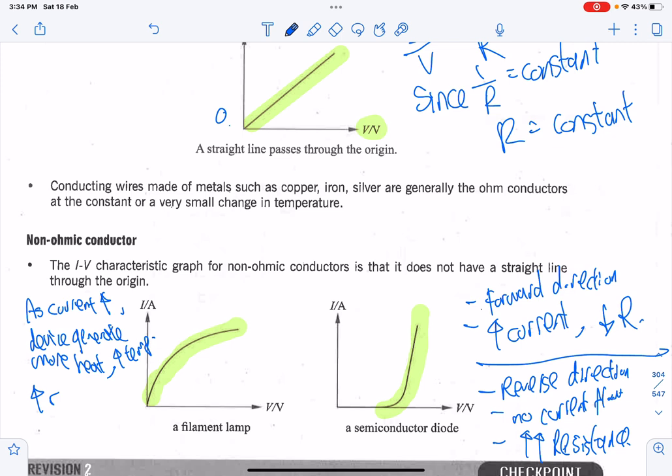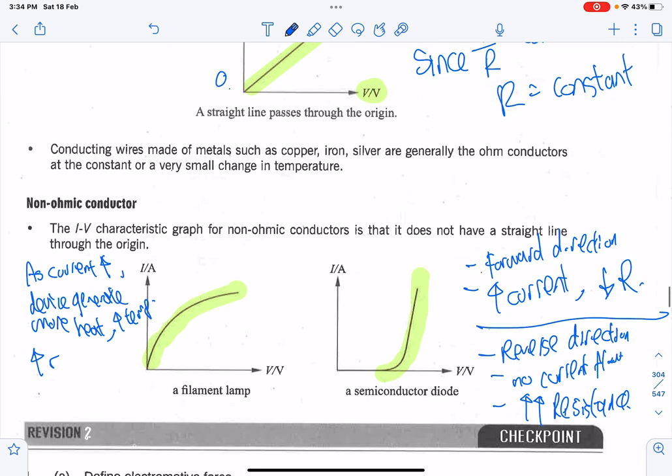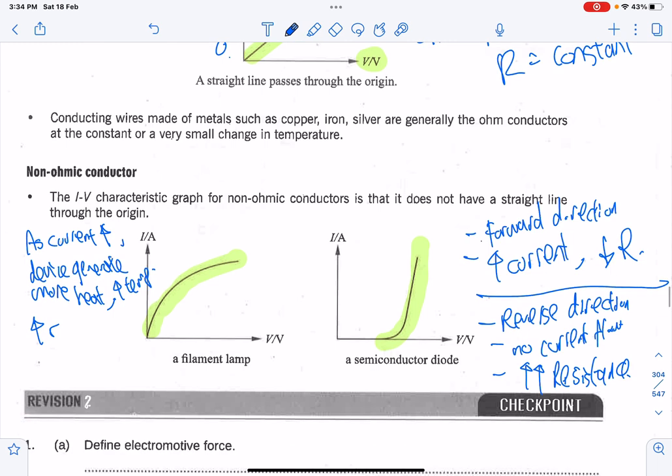That's like a filament. However, a semiconductor diode in the forward direction has decreasing resistance when you increase the current, and when it is in the reverse direction, there is no current flow, and therefore the resistance increases even greater.